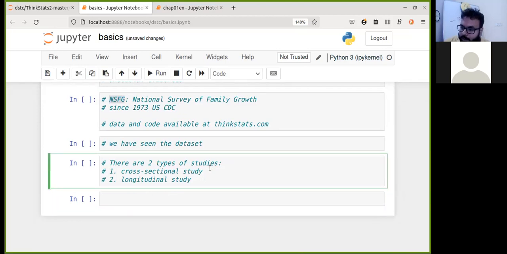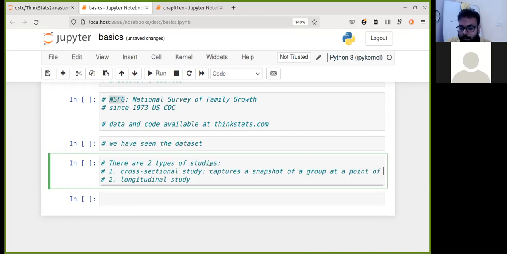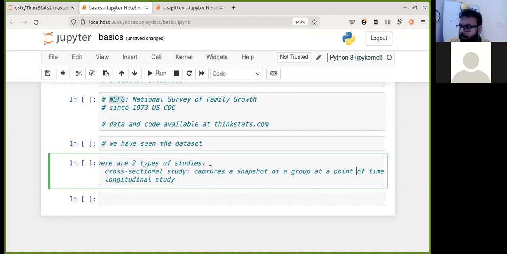Let us first understand what they mean. A cross-sectional study captures data at a point of time.